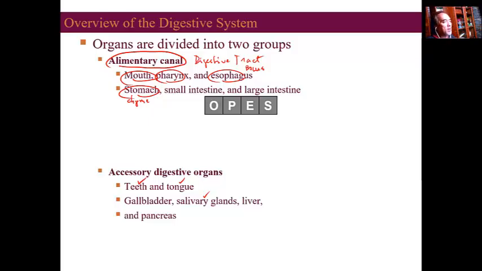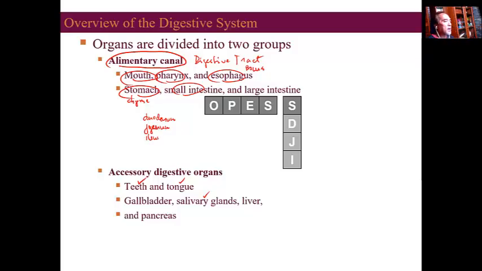We call it chyme. And then from the stomach, it's pushed to the small intestinal tract. Your small intestinal tract is made of three parts: the duodenum, the jejunum, and the ileum, DJI, so that you know the sequence.